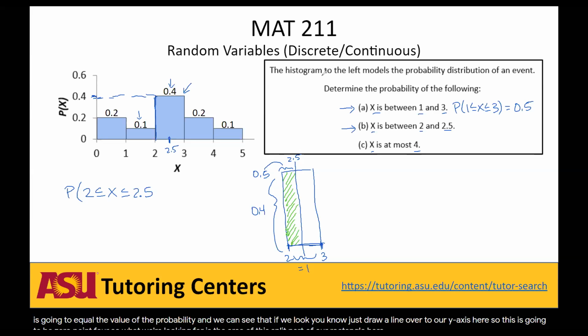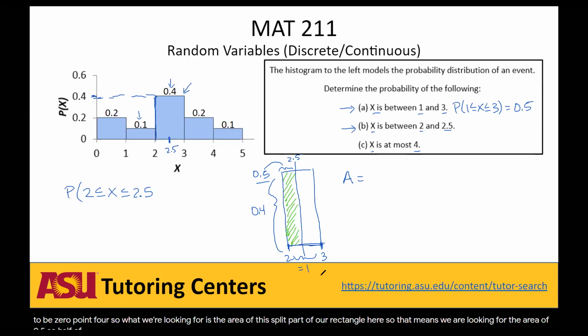That means we are looking for the area of 0.5, so half of the full width of our bar, times our 0.4, which equals 0.2.